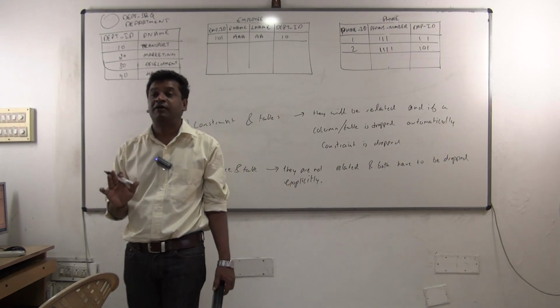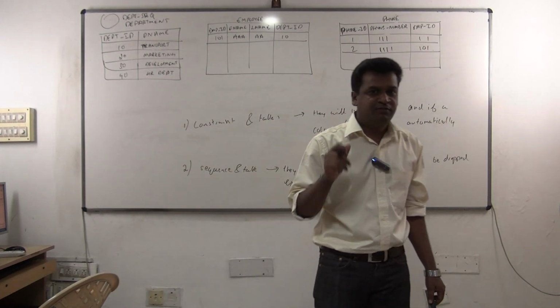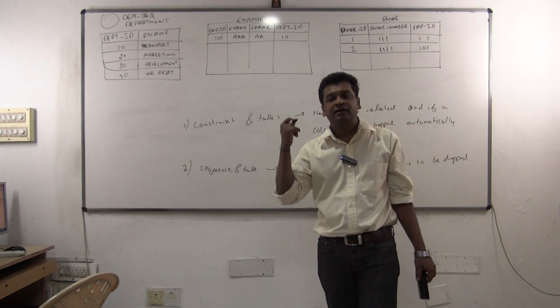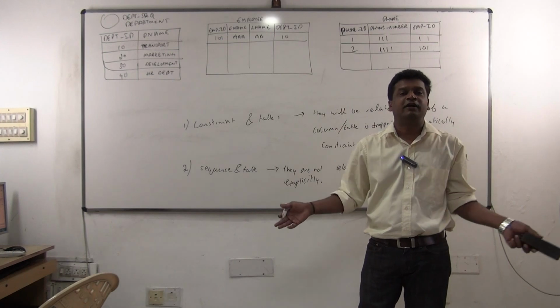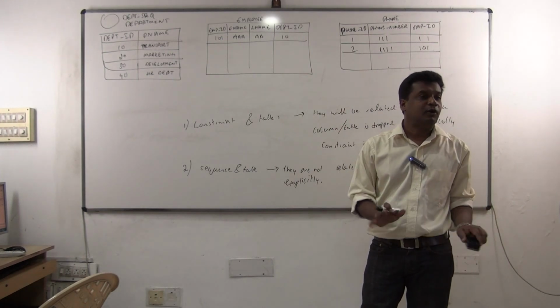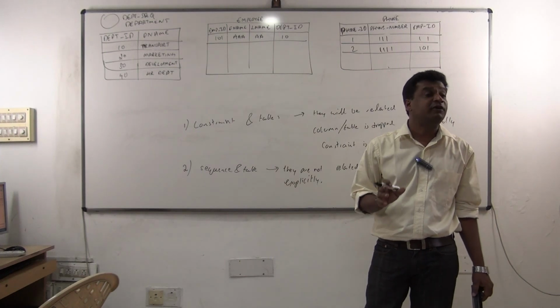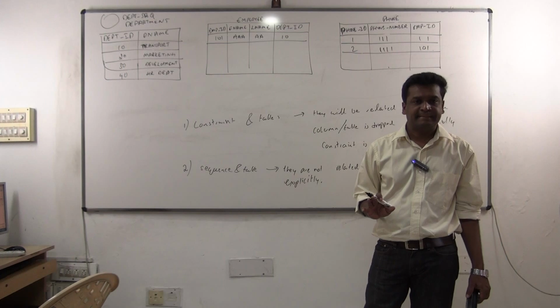You have to drop the phone separately, then employee, then department. Don't think if you drop department, all the tables will be dropped automatically. The cascading effect is there only for data in the tables.